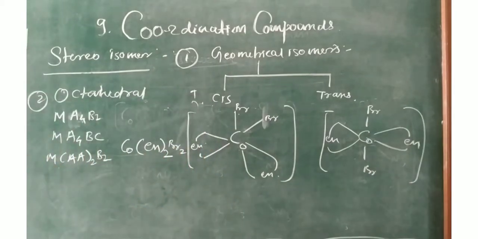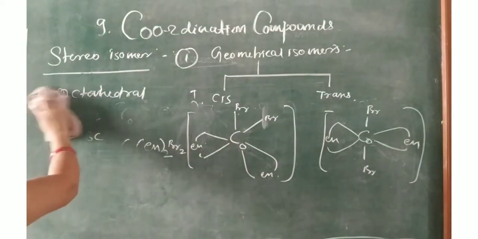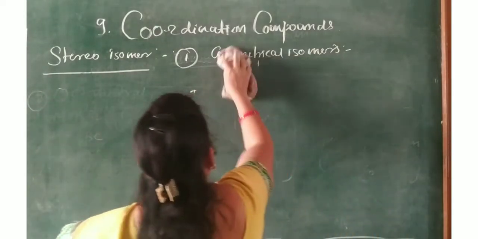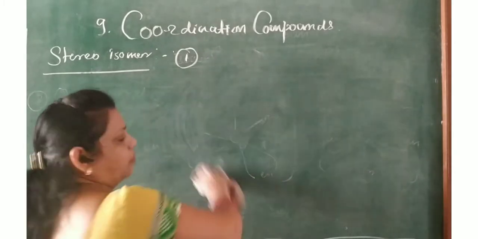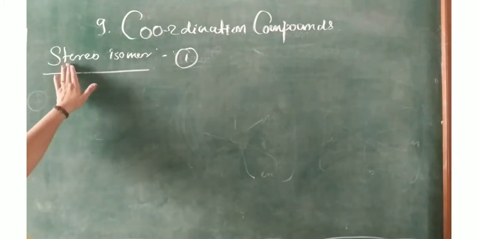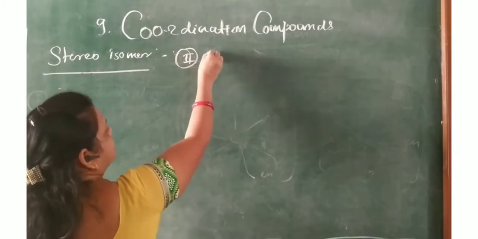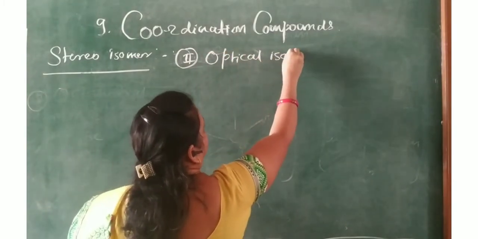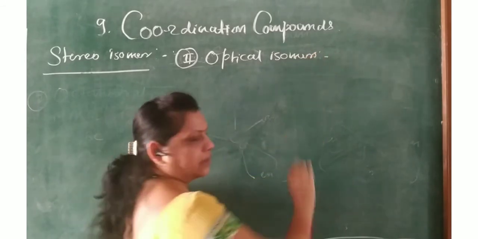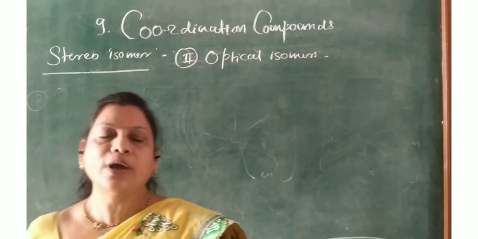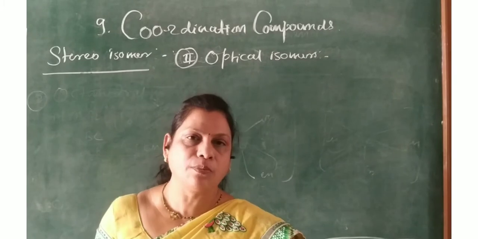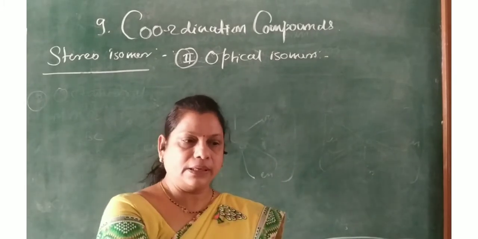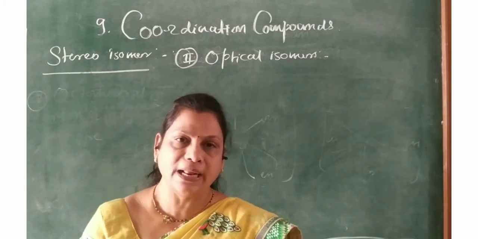Okay, after this, then optical isomers. Second one in stereoisomers is optical isomers. What are optical isomers? These are the stereoisomers having the same structural formula but different behavior towards plane polarized light.